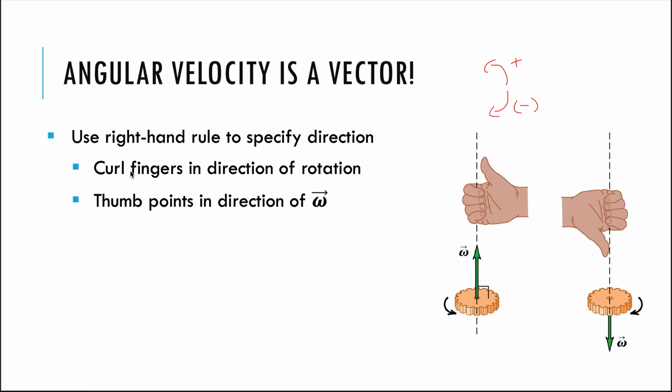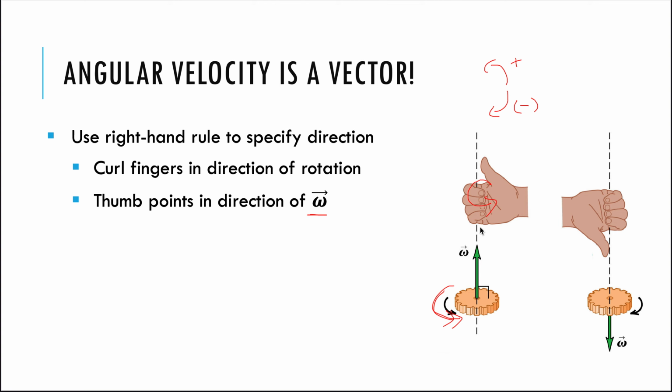You curl your fingers in the direction of the rotation. In this case, this object here is rotating counterclockwise as viewed from above. So our fingers are rotating counterclockwise as viewed from above. You see that the rotation of the fingers is the same as the rotation of this object. Our thumb points in the direction of our angular velocity.